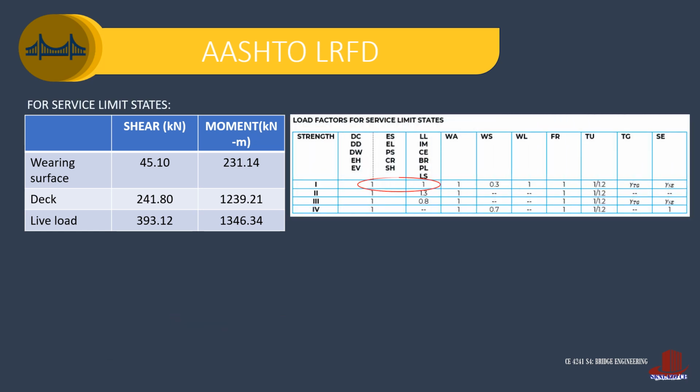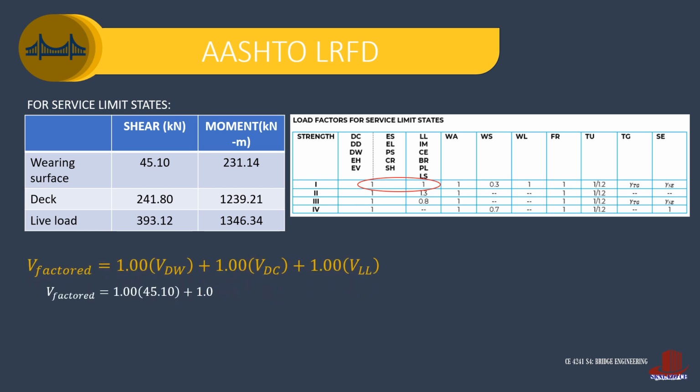Use another AASHTO table for the service limit state, showing the factor of 1 for DC, DW, and LL for service limit 1. So we take 1 of 45.1 plus 1 times 241.8 plus 1 of the live load, and the summation provides 680.02 kilonewtons.